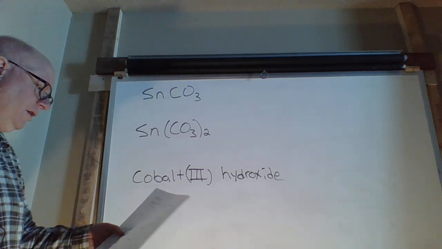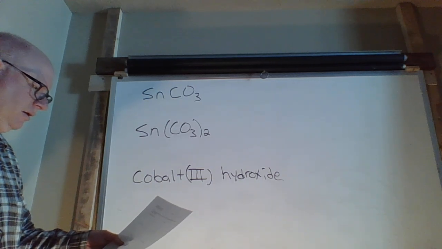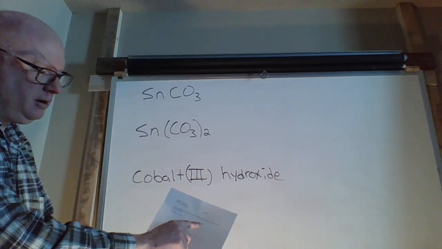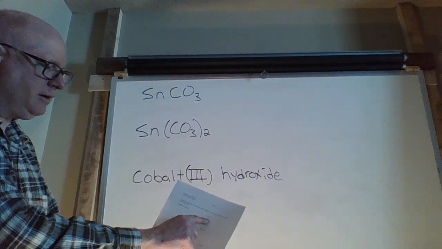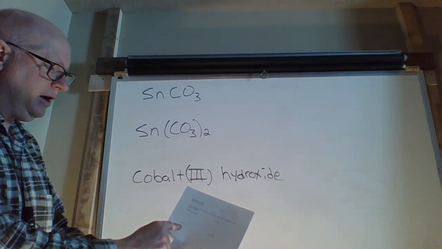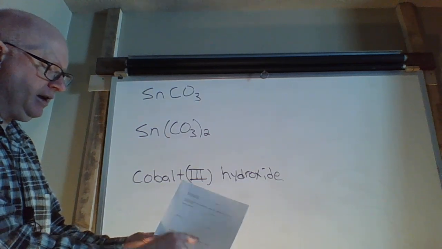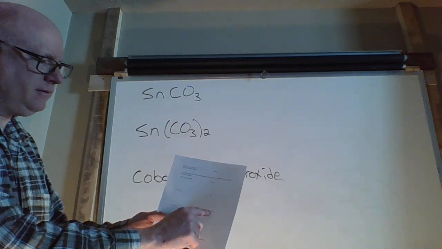So what I want you to do then is add together this one, write out the name, add the atomic masses. This one over here, write out the name, add together the atomic masses, and then this one down here. Nickel, we might not be able to see it, okay?